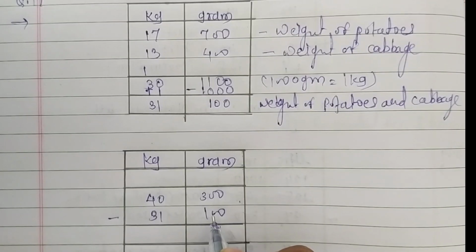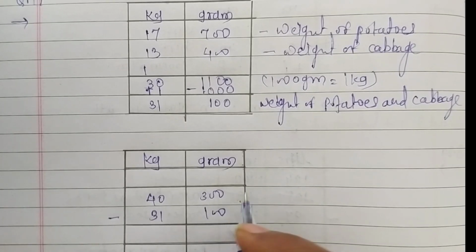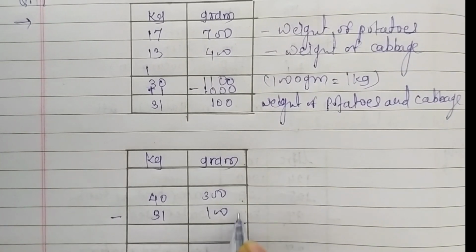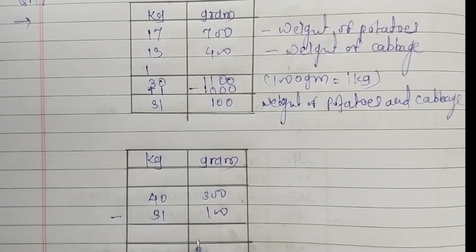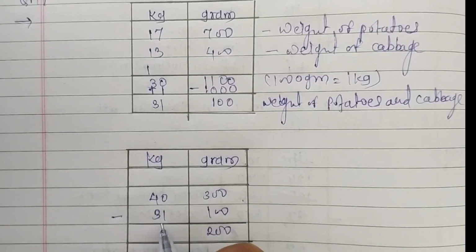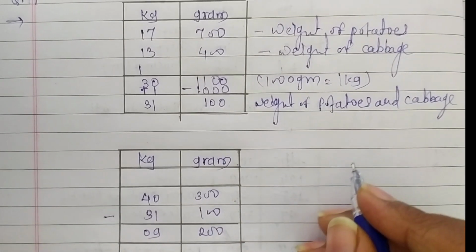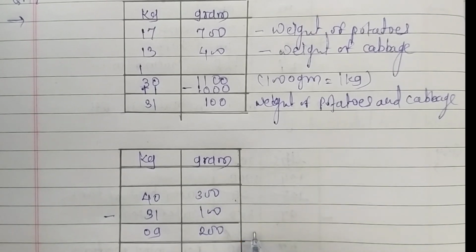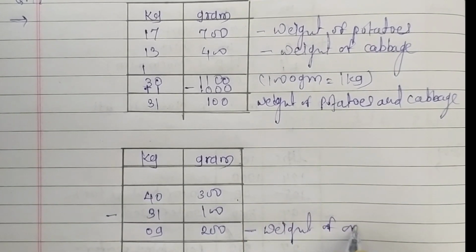We can subtract 100 from 300 easily, so there is no need to take or borrow numbers. 300 minus 100 is 200, and 40 minus 31 is 9. So this is the weight of onions.